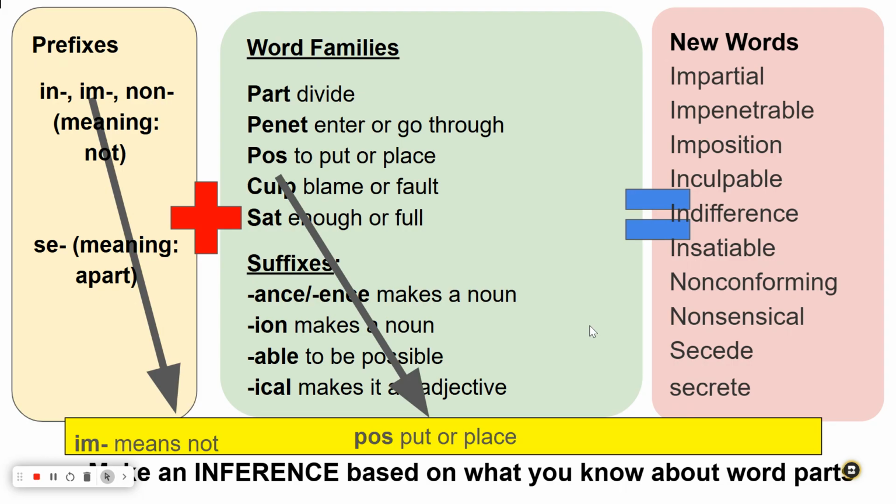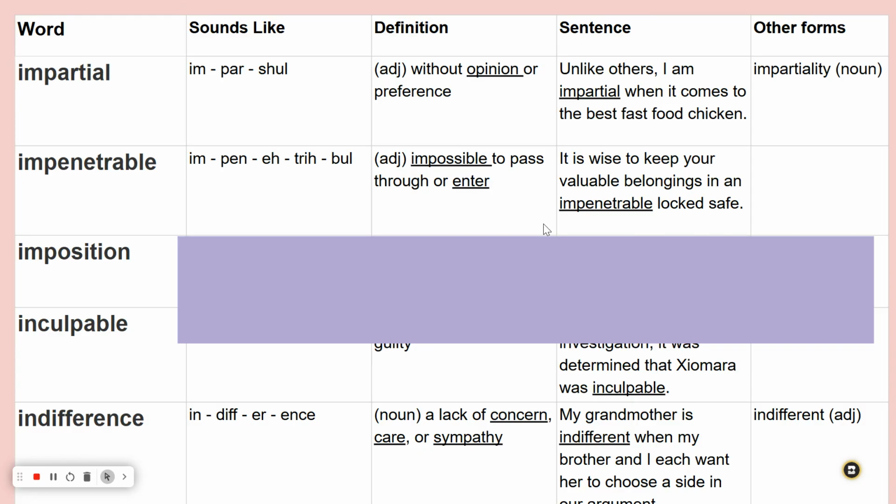And then the suffix ion, which makes something a noun, or a thing in this case. We've got not, place, thing. Maybe a thing that's not in place. We will have to see what imposition means, our third word on our list, when we get to that word in our notes. So make sure you have the notes.